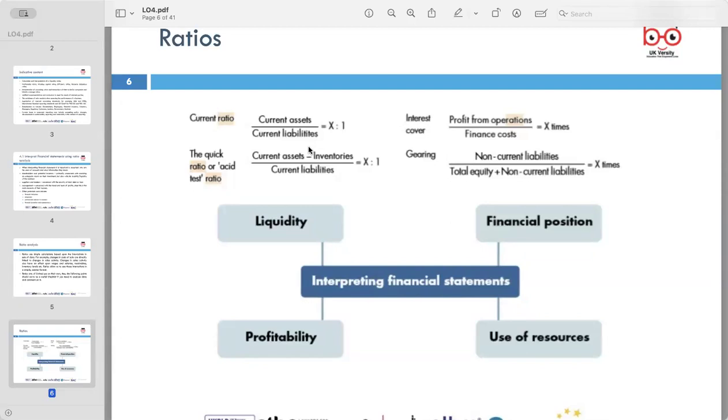Gearing, on the other hand, focuses on the proportion of a company's capital that is financed by debt. It compares non-current liabilities to equity and non-current liabilities, providing insight into the company's financial leverage.